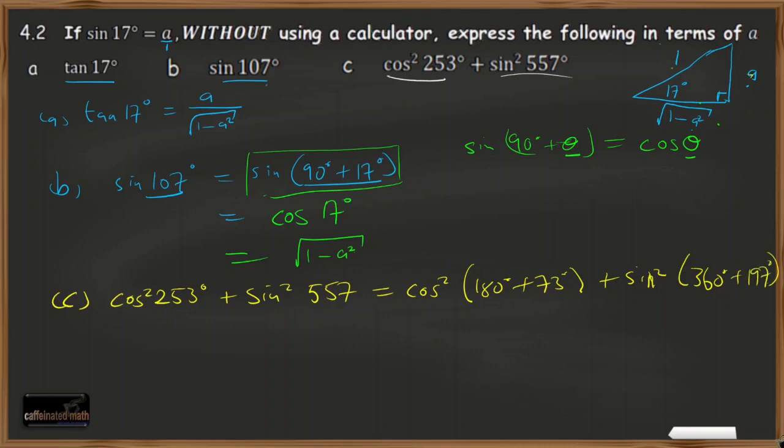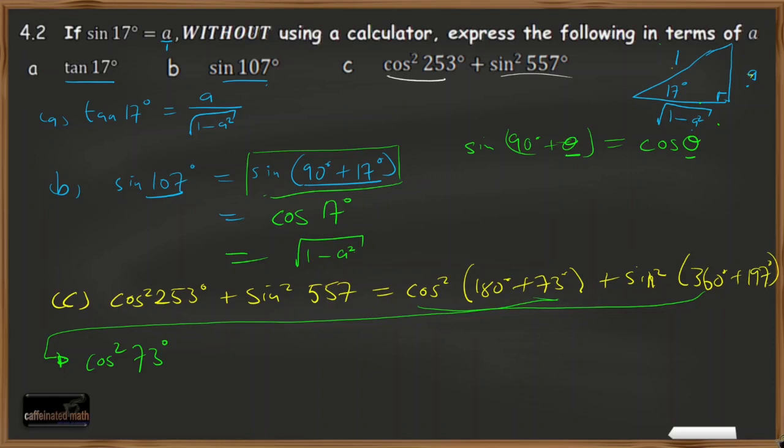Well, all of this is pretty helpful, so let's see if we can just follow a bit of logic so we can create more space. Well, that just becomes cosine squared of 73 degrees.